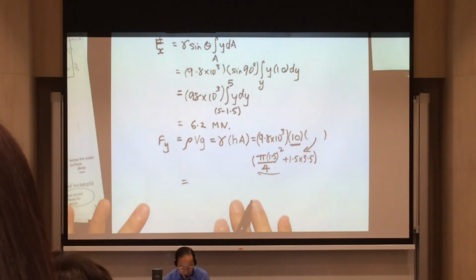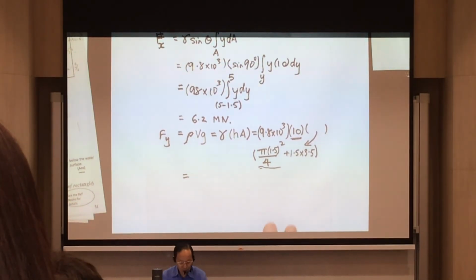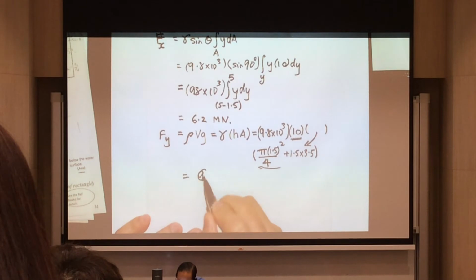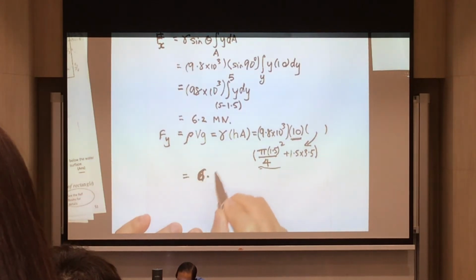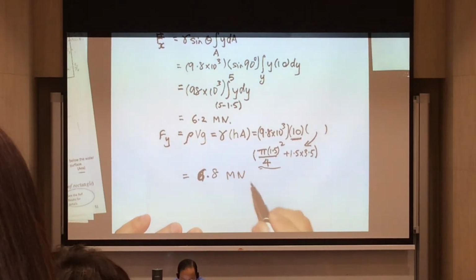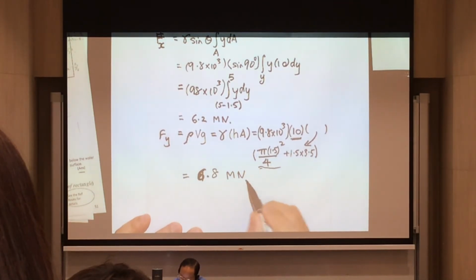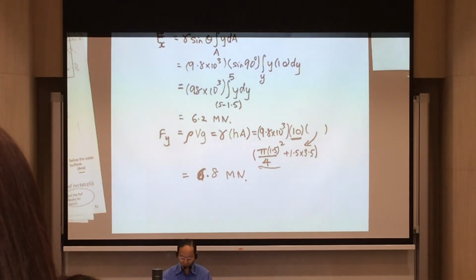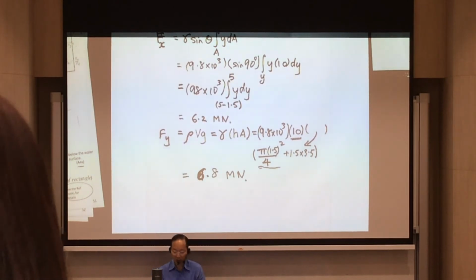So Fy is equal to 6.8 meganewton. Fx is 6.2 meganewton, Fy is 6.8 meganewton. So what is the resultant force, Fr?